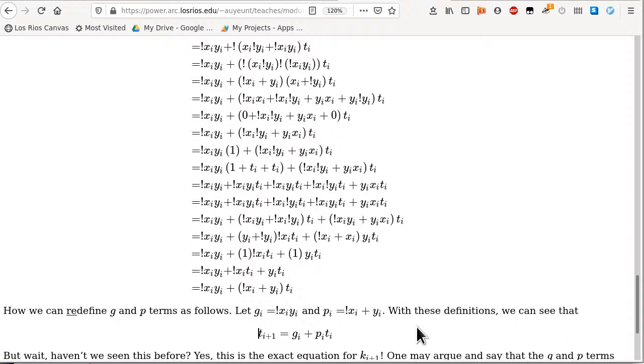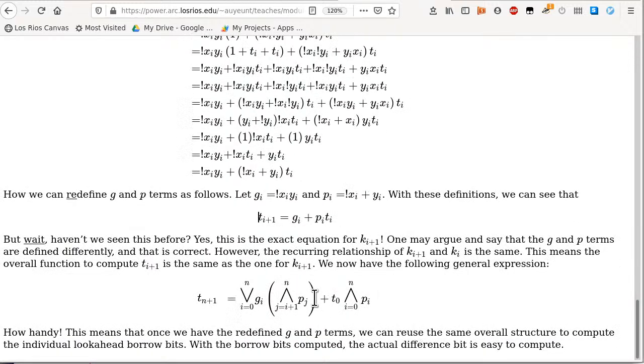In other words, this equation still applies, because all we are doing here is to replace all the terms that start with k with t. That's all we did. So the mechanism that allows us to use carry look ahead can also be applied when we perform subtraction. So now we have a borrow look ahead subtractor, and this is how we compute all the t bits.